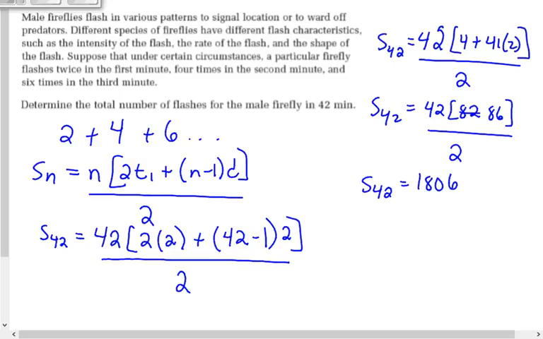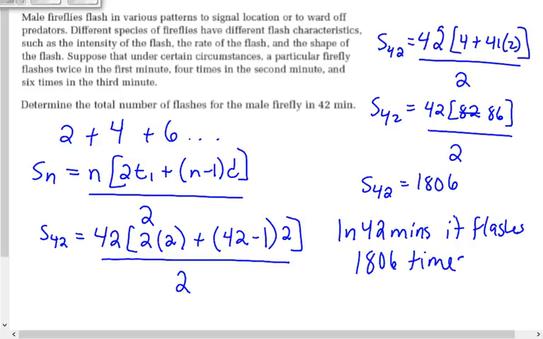And we end up with the sum is equal to 1,806. So that means that in 42 minutes, it flashes 1,806 times. Okay?